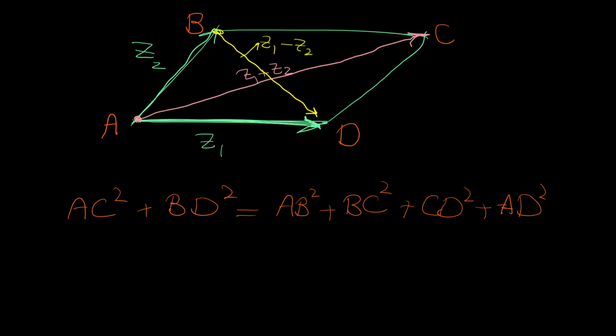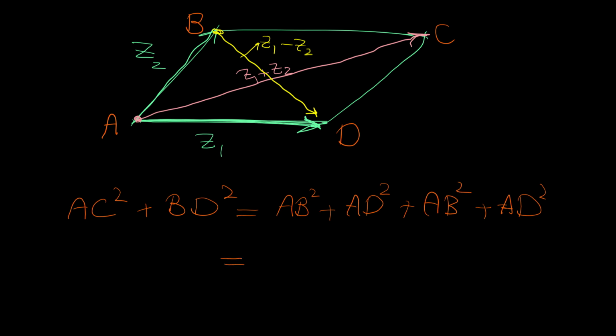We have this fact in geometry. But we know that in a parallelogram, the length of BC and the length of AD are equal, so we can replace BC² here with AD². And CD and AB are equal, so CD² is also AB². So we have this fact in geometry.